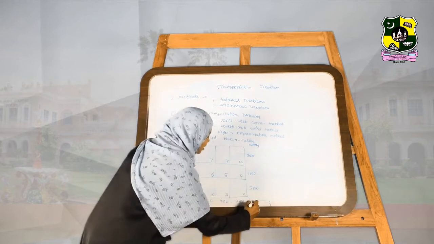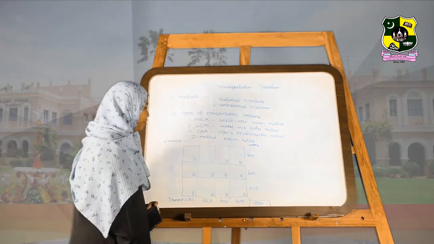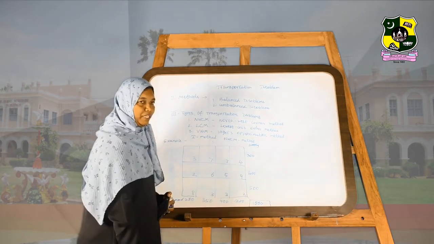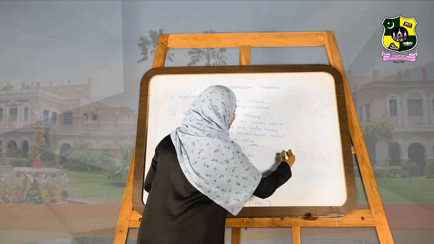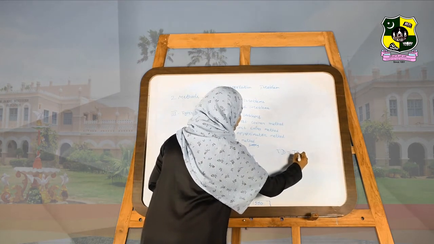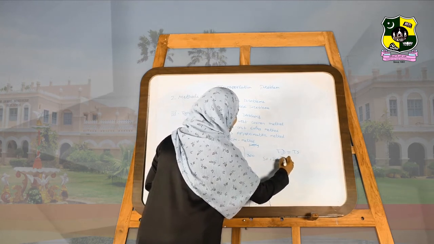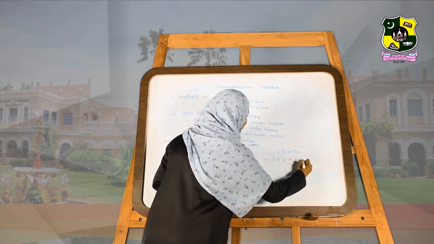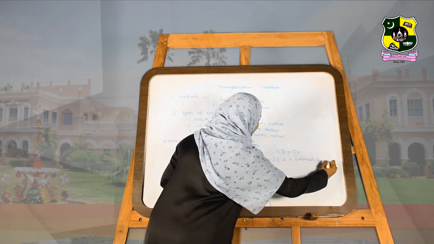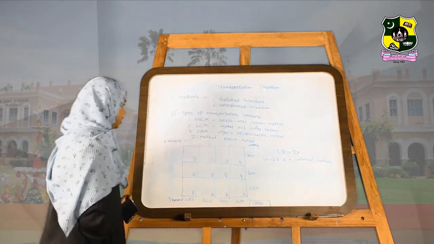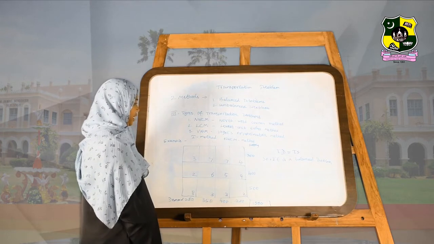In this problem, the supply value and the demand value are both 1500, so it is a balanced problem. Total demand is equal to total supply. Now solve the sum by the north-west corner method.